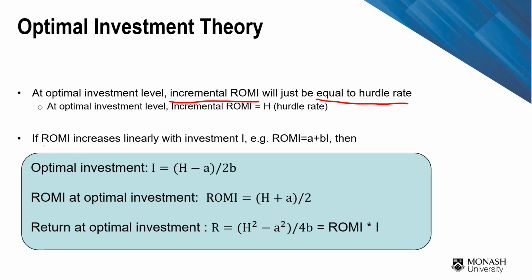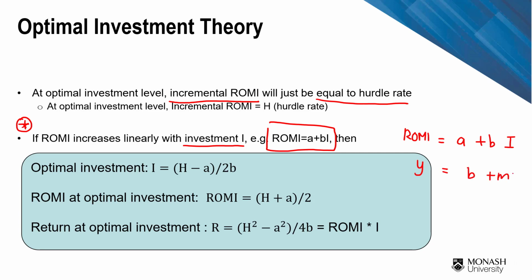And this is a very important point, as we can see from here. If ROMI increases linearly with investment I, then we also have this particular equation, whereby ROMI is equal to A plus B I. Now this is basically the same as your Y equals B plus MX, if you remember from your high school.